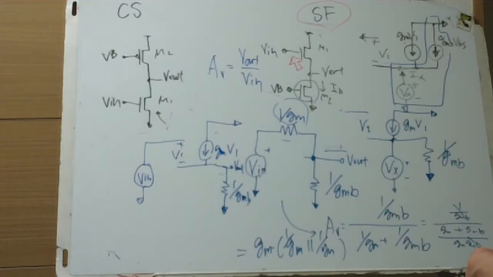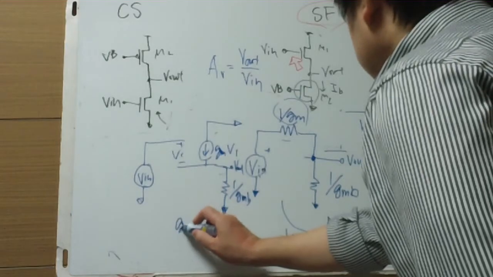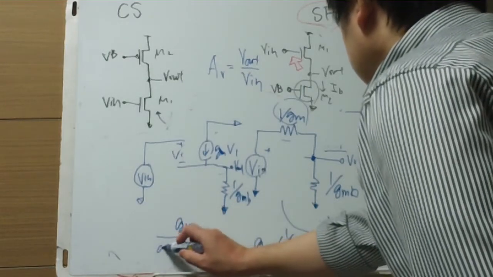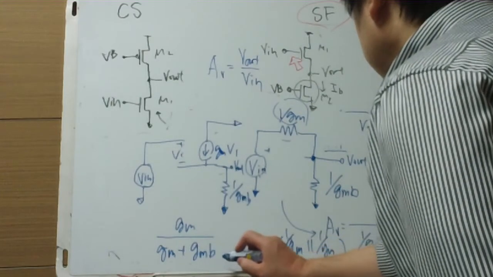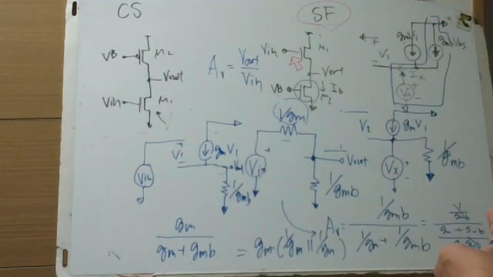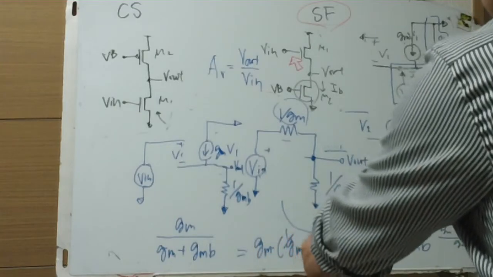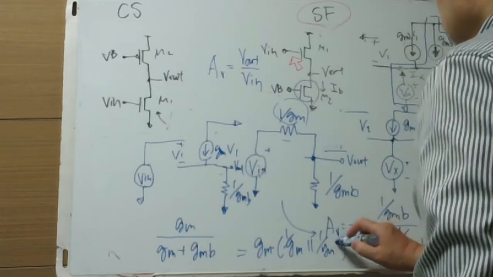Or Gm divided by Gm plus GMB, which is easy to remember, or Gm times 1 over Gm in parallel with 1 over GMB.